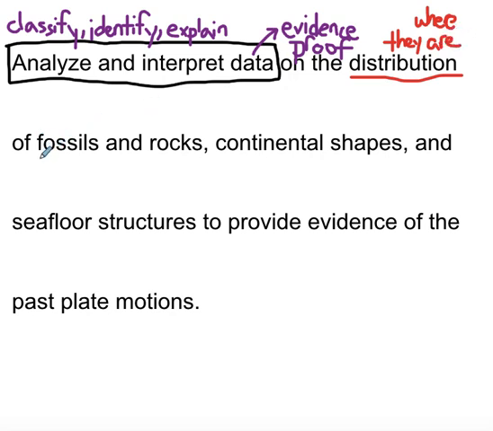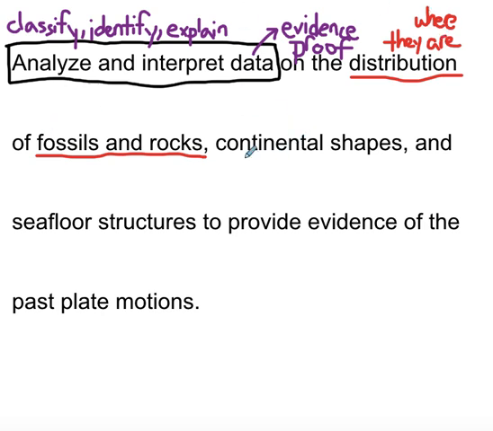And in this case, we're talking about fossils and rocks. You've seen lots of rocks. We already studied the rock cycle, and fossils are usually some sort of an imprint in a rock, something that was left behind by something that lived a long time ago. So some of the evidence that we'll be working with is rocks and fossils.